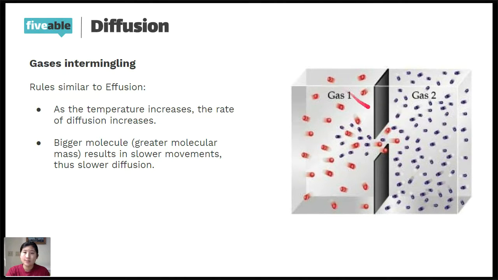Let's say gas 1 is bigger than gas 2, which I think it is over here. So gas 1 will move slower than gas 2. As you can see here, gas 2 already has a bunch of these small molecules over, and gas 1 has just a few, even though the gates were open at the same time.